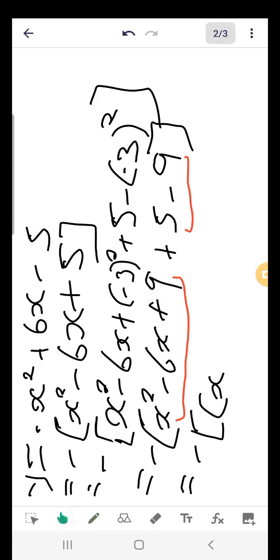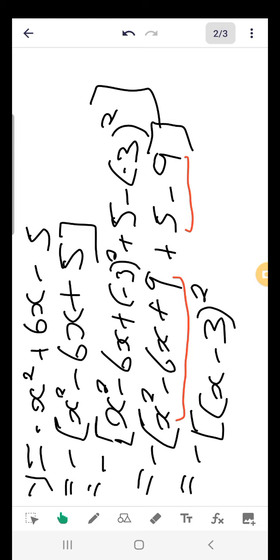Now here we have a negative 6x plus 9. Now let us factorize it. We have got a 3 and a 9 here. Obviously you are going to write a negative 3 here and put a square here. Okay, this is it. It's gonna be x minus 3 to the power of 2.